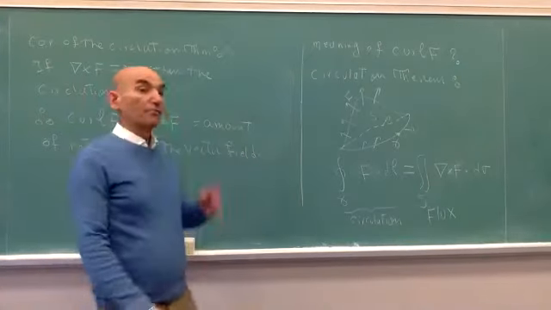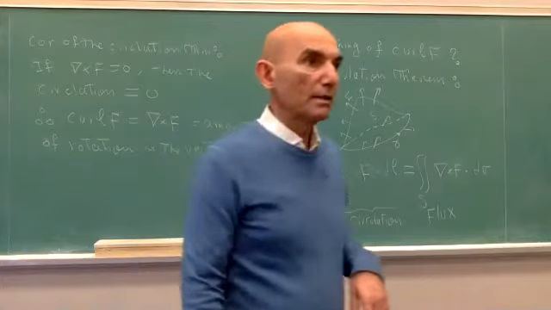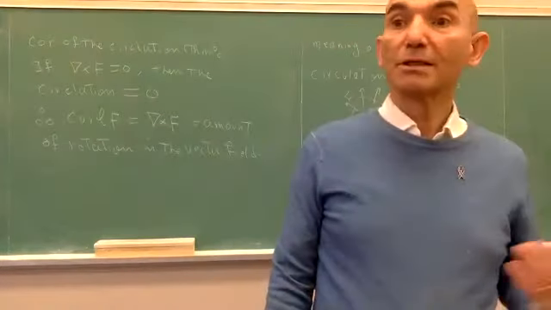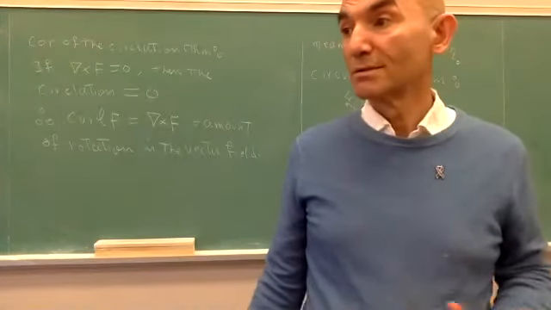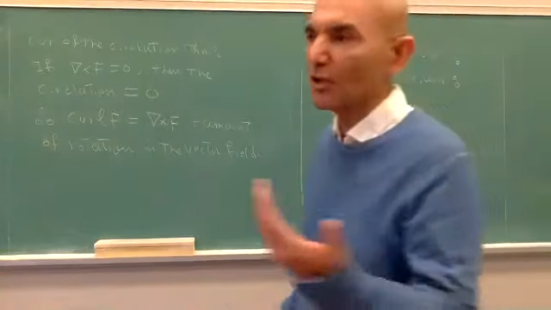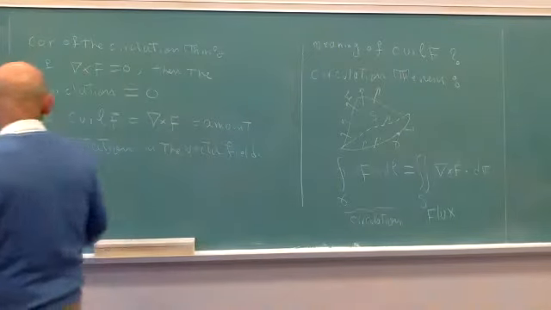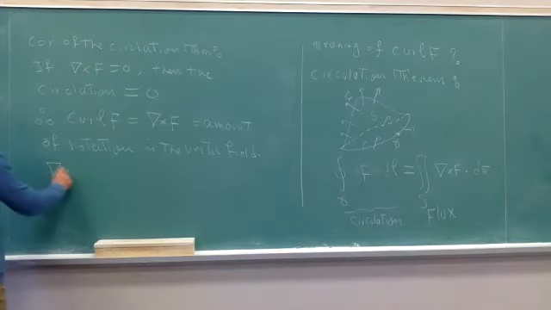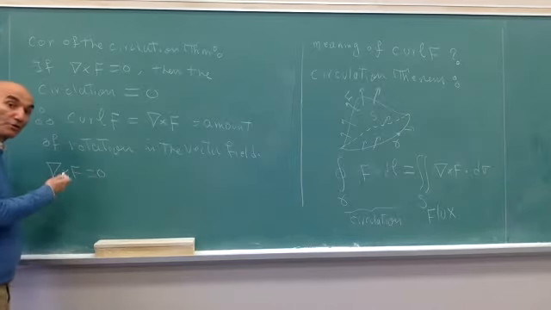Those vector fields that have 0 circulation, what are they called? Irrotational, or rotation free. So curl of F equal to 0: such vector fields are called irrotational.